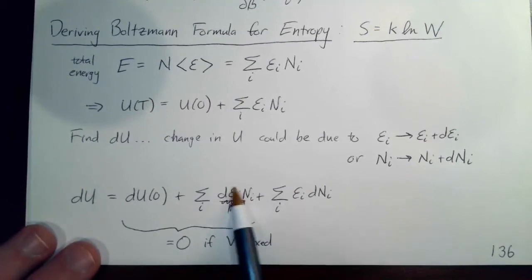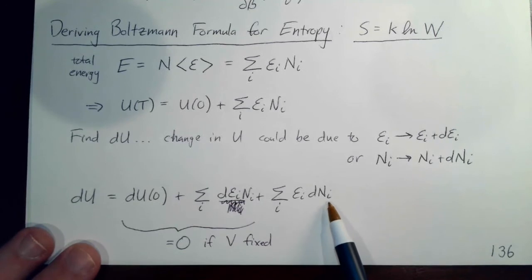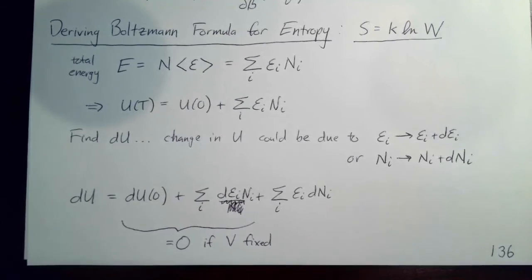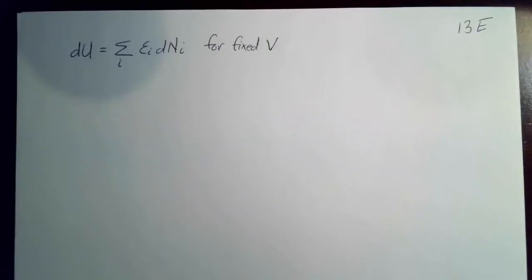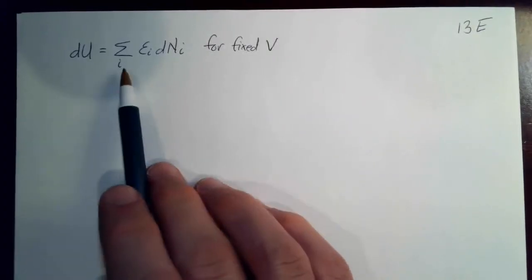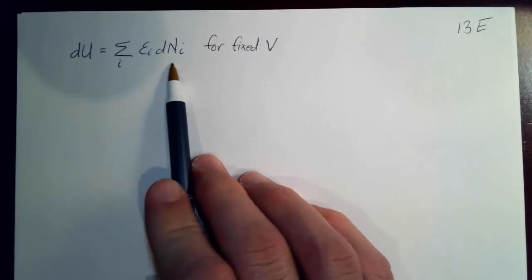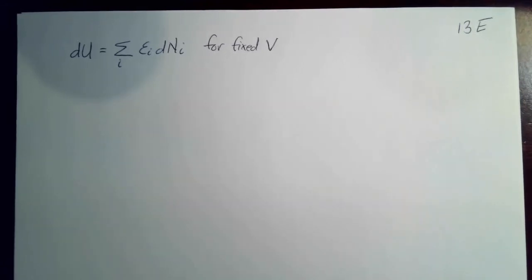The energy levels are not going to change as long as we keep the volume fixed. Okay, but the populations could change. So the number of molecules in the various energy levels could change. Okay, so that simplifies this formula quite a bit. So I'm going to write the simplified version now. Okay, so dU is equal to the sum of epsilon i d n_i if the volume is fixed.